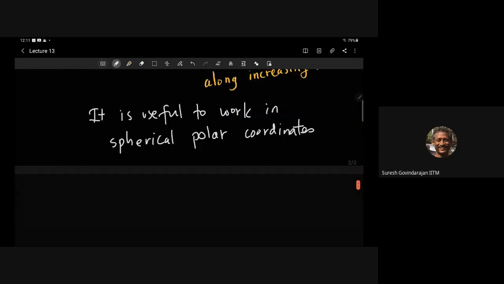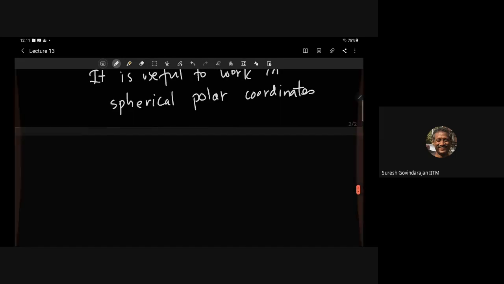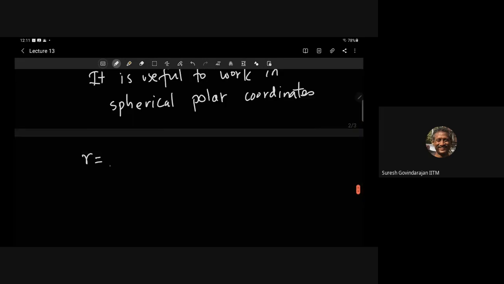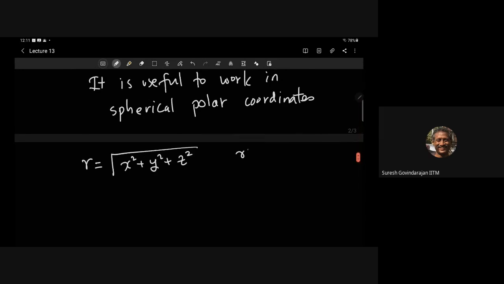Okay, so let us try to understand what these spherical polar coordinates are. R, of course, we already defined. I'm sure all of you know this, but it doesn't hurt to write this thing. And R belongs to 0 to infinity, of course. Then what are the others? Theta and phi.